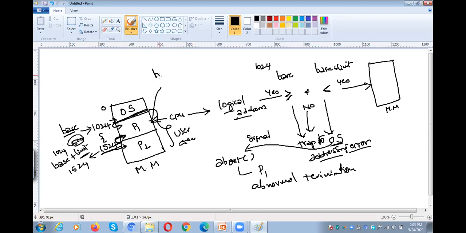These partitions are called holes. These partitions are not equal; there might be different size partitions. For example, this is a 500 KB slot, and it might go up to 2048, meaning that block is bigger than this block. So these are called holes.